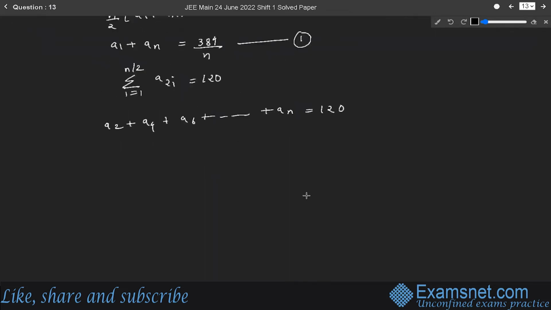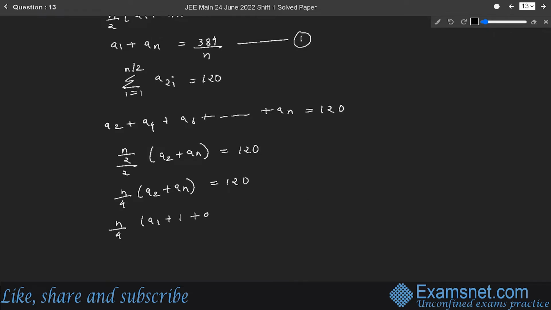So, the sum will be n by 2 upon 2 into a2 plus an is equal to 120. So, n by 4 into a2 plus an is equal to 120. It can also be written as n by 4 into a1 plus 1 plus an. So we can say that a1 plus 1 plus an is equal to 480 upon n. Let this be equation number 2.